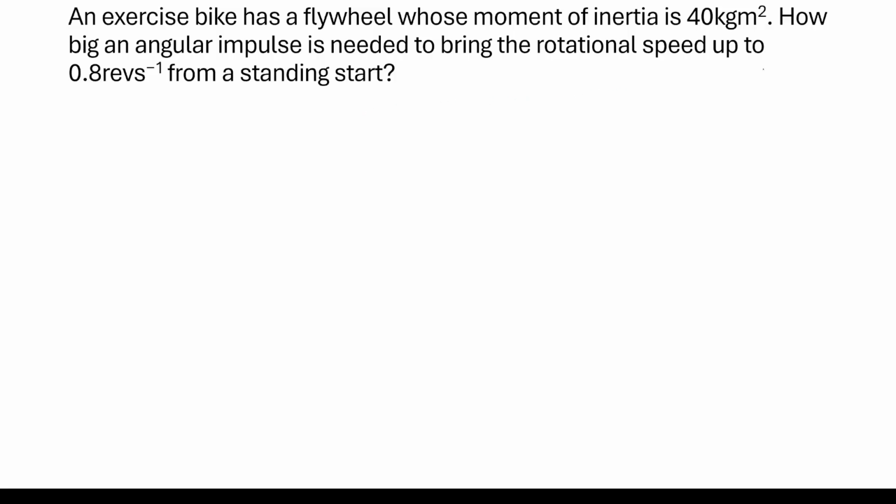An exercise bike has a flywheel whose moment of inertia is 40. Okay, so I is 40. How big an angular impulse is needed to bring the rotational speed up to 0.8 revolutions per second from a standing start?